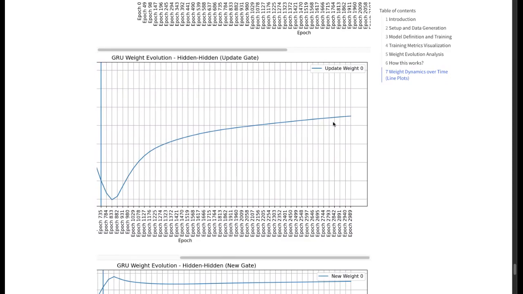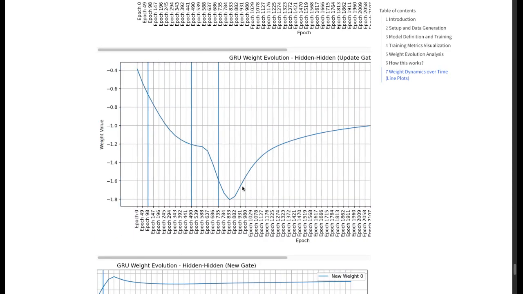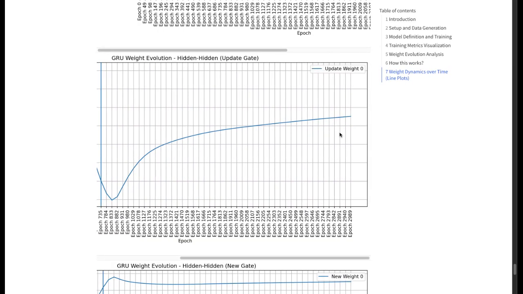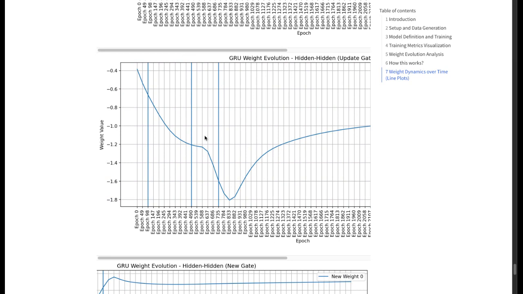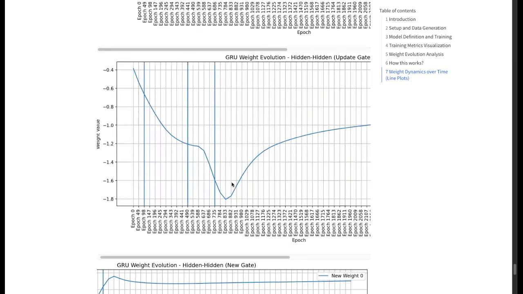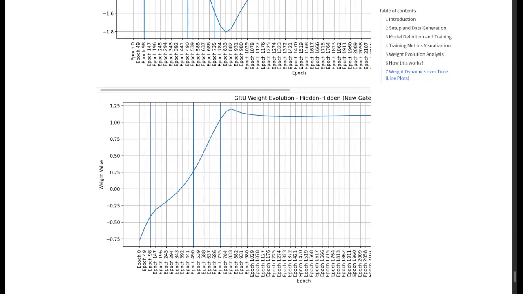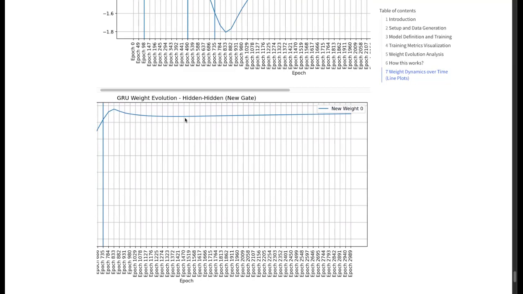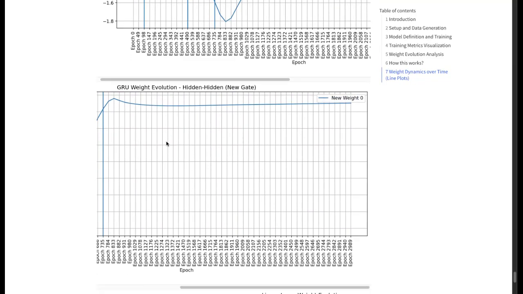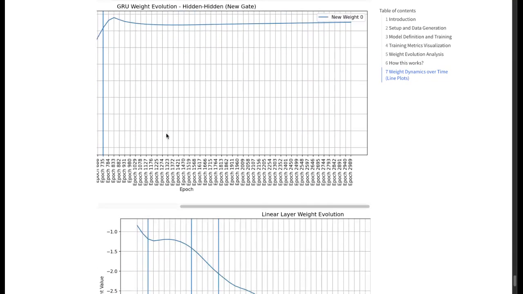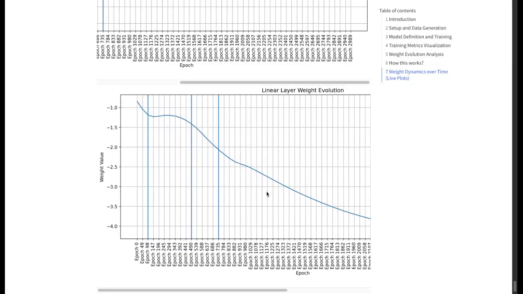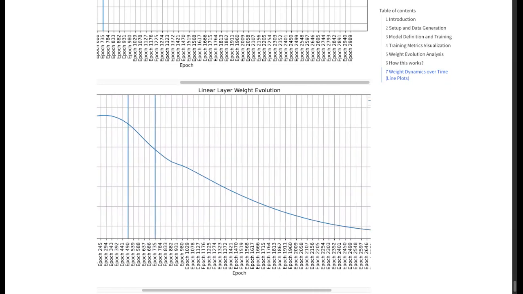This is the update gate again. This was really large, minus 0.18, but then it just went really crazy up to minus 0.9, and the hidden new gate just stayed the same. So this was, I guess, the most normal weight in the whole network.